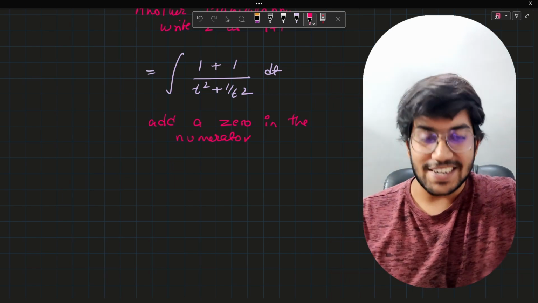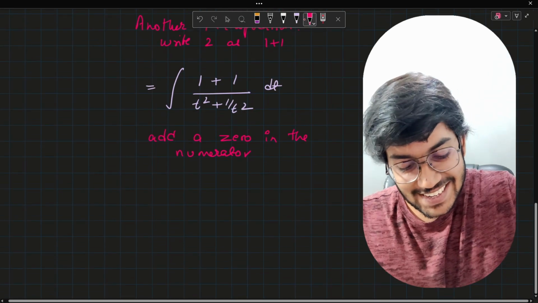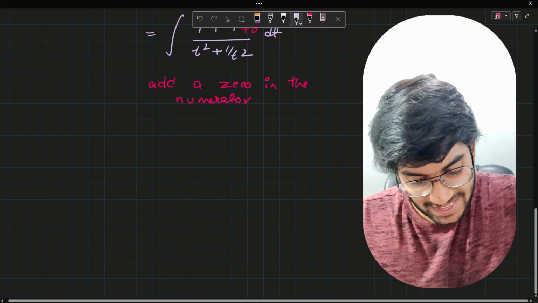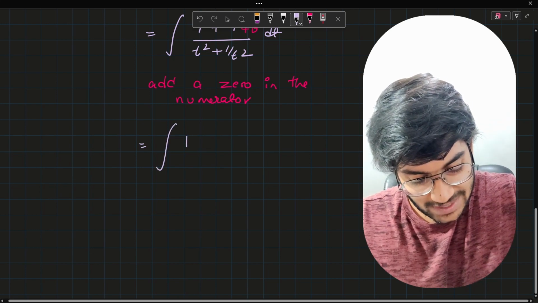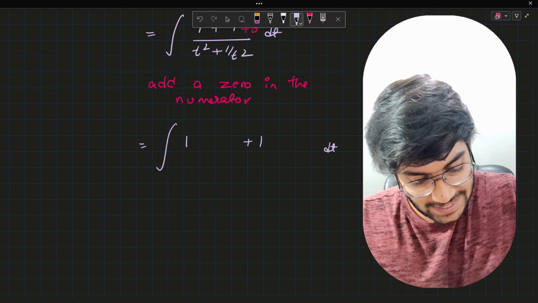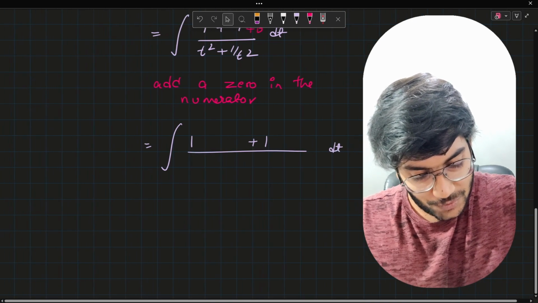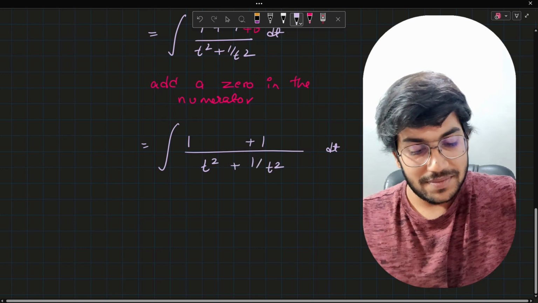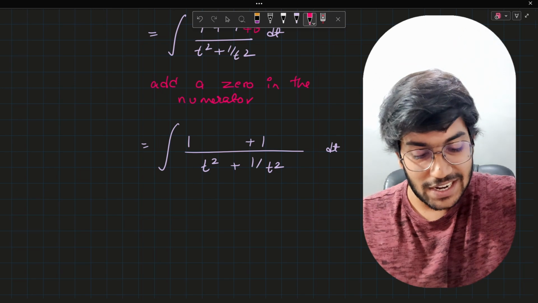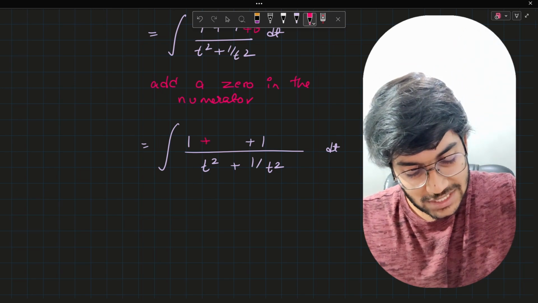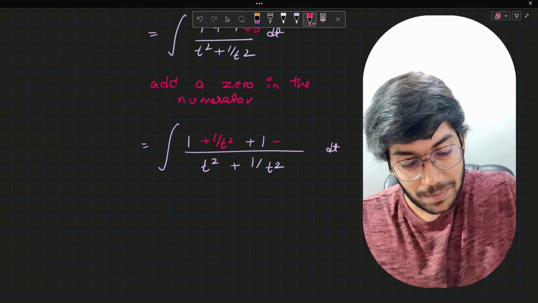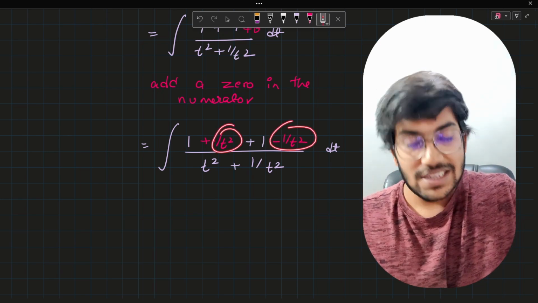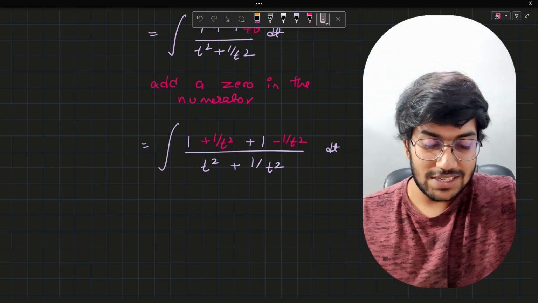Again, I'll show you why. So we get 1 plus 1 dt over t square plus 1 over t square, and that artificial 0 is plus 1 over t square minus 1 over t square. Why exactly we did this, you'll see in a few steps.